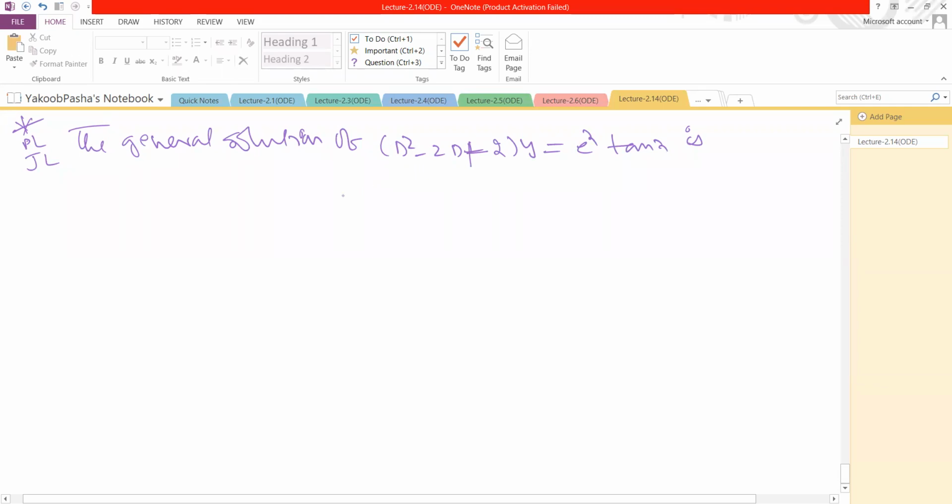Now first I am taking the corresponding auxiliary equation, that is m square minus 2m plus 2 is equal to 0.